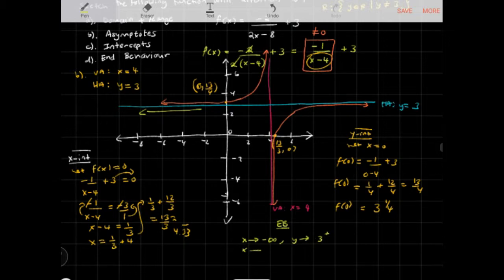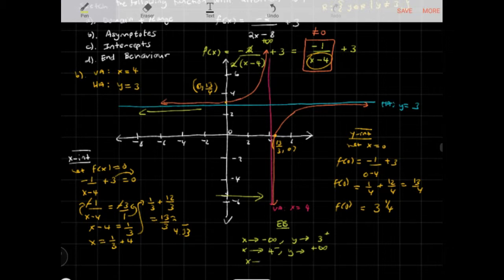Right? Now, in the other case, as x approaches the vertical asymptote, the vertical asymptote being 4, from the left side, you can see that y gets closer and closer. The graph is going to extend all the way to infinity.